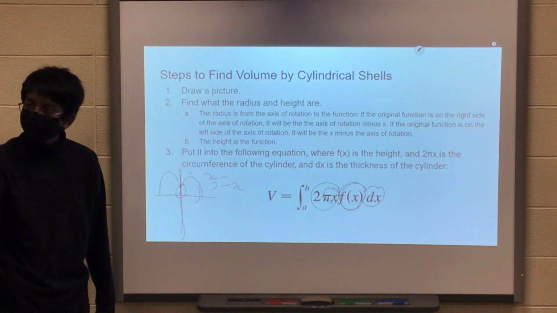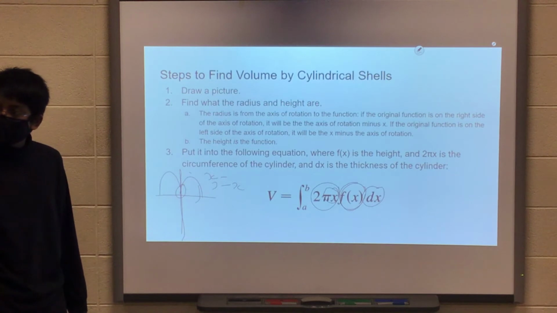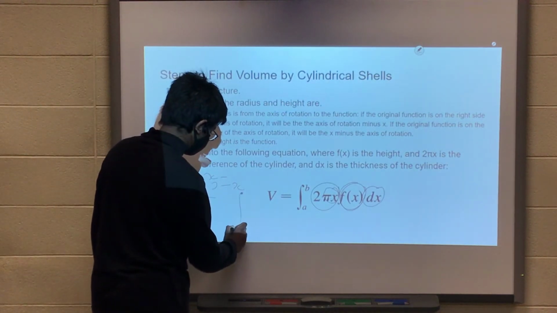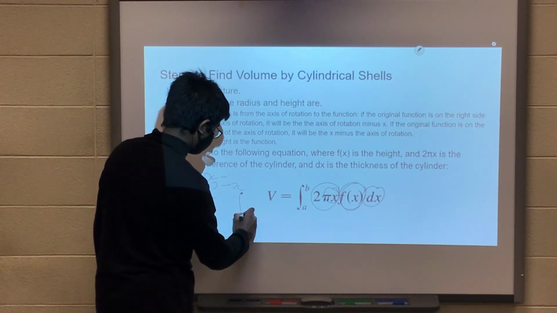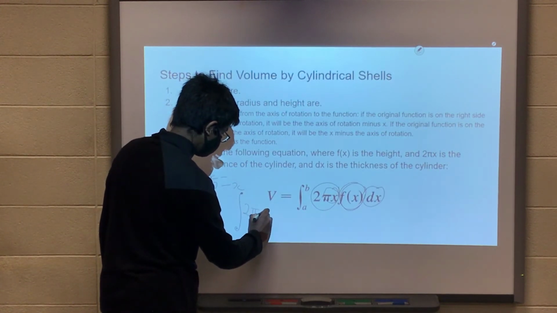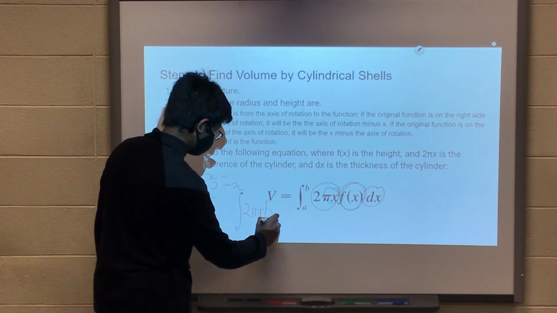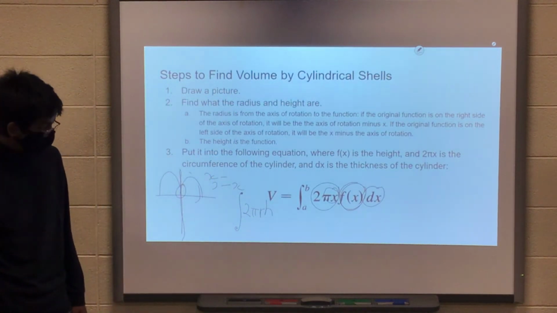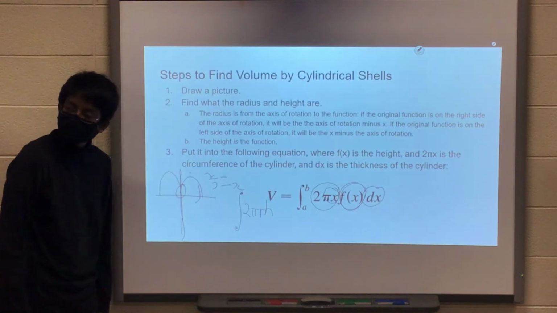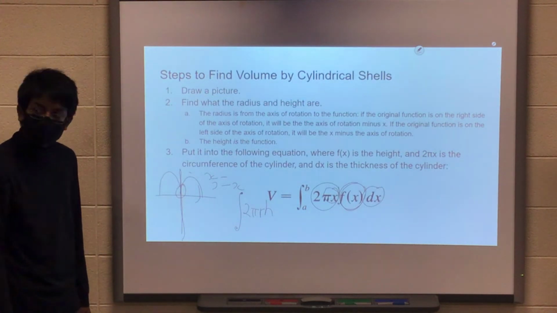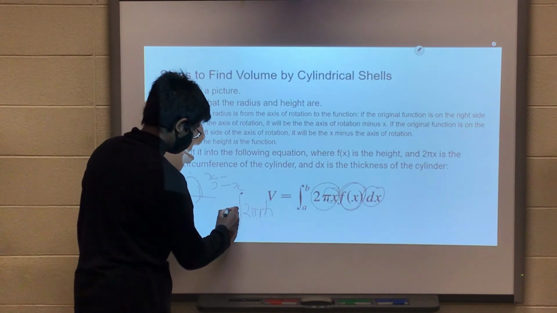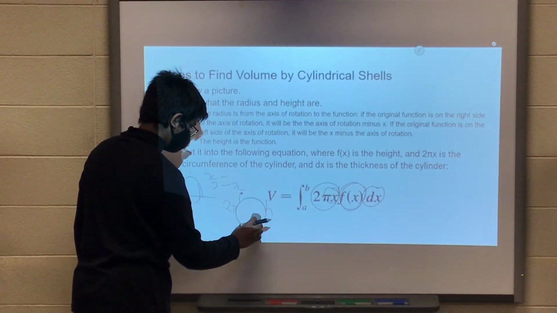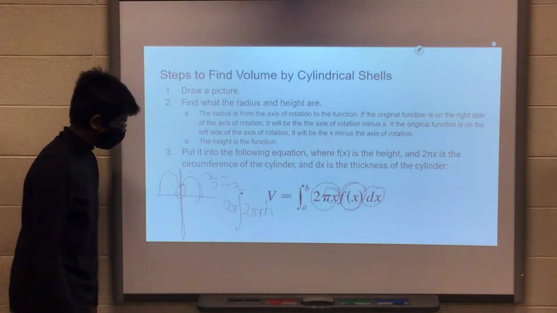Could you write an integral that says 2 pi RH, please? And that 2 pi RH is the area of a cylinder, right? Could we pull the 2 pi out front? Yes. So what we need is a radius and a height, correct? That's what we're going to focus our attention on, finding that radius and that height.